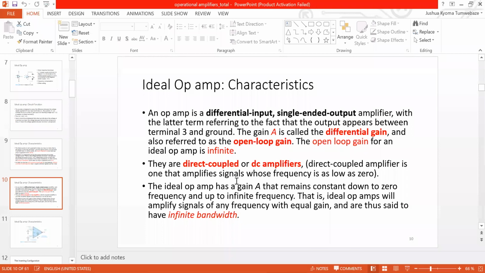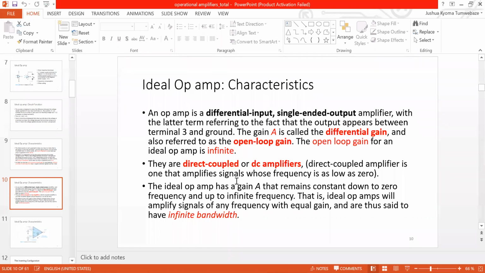Another characteristic is that they are direct coupled or DC amplifiers. That means they can work for DC signals up to infinite frequency.